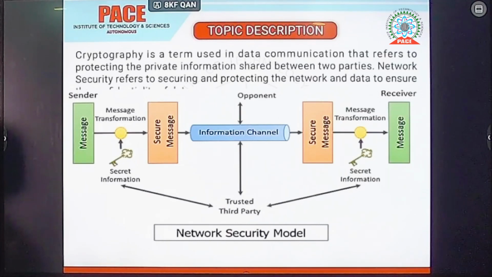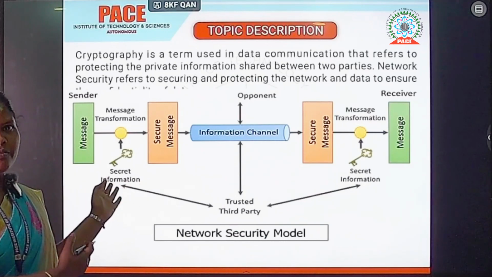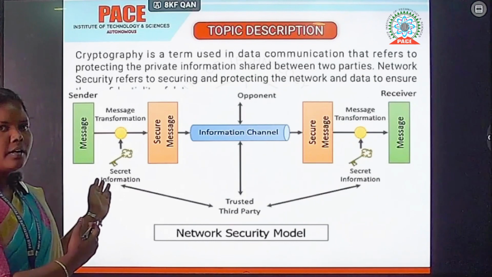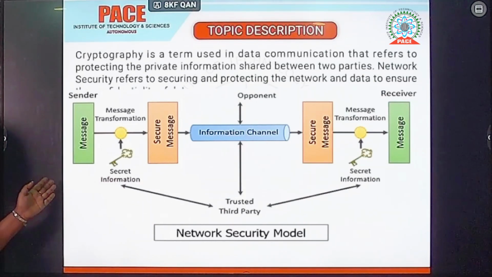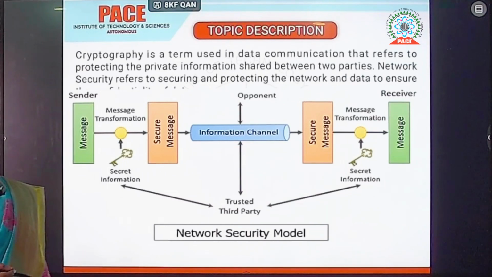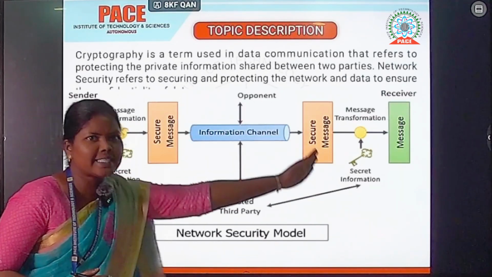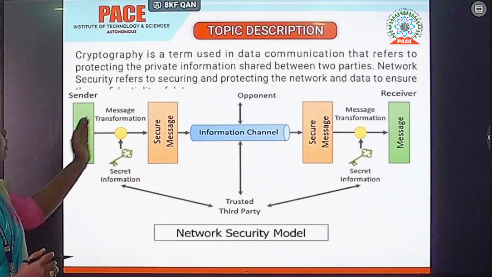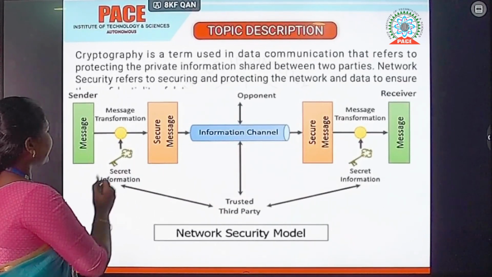Now we are going to see the network security model. In this network security model, data is transformed from sender to receiver by using secret information.